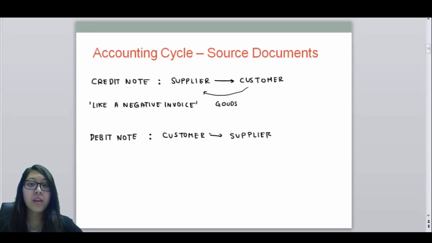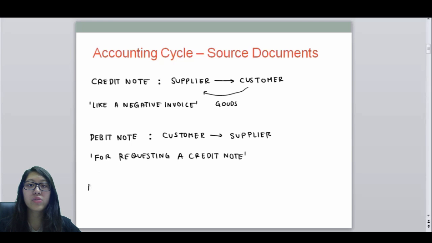So they're going to come up to them and say, hey, I want to return my goods that I bought from you. Can you reduce my balance? Because obviously I'm not going to pay for those goods. So they're going to send a debit note as a formal request for the credit note. In return, what the supplier is later on going to give to the customer is the credit note, which acts as proof that, yes, I have finally deducted or reversed your balance.